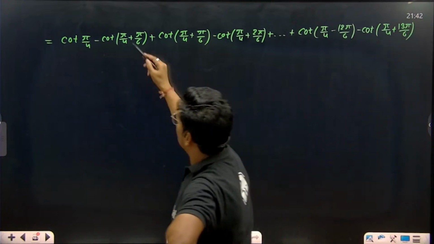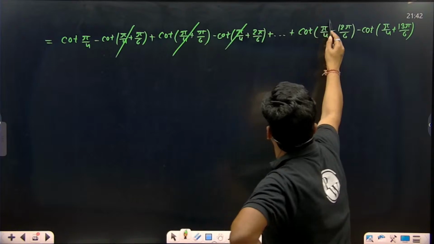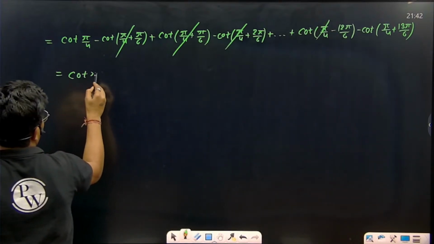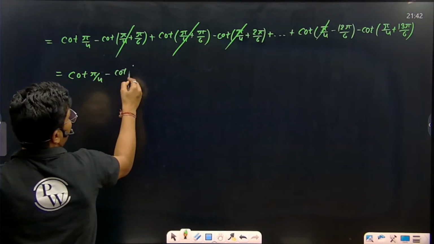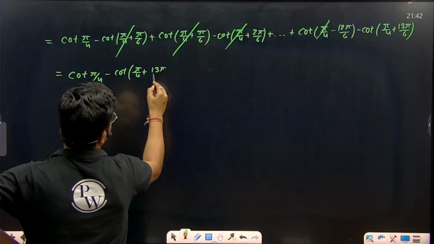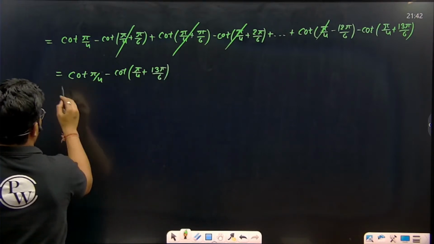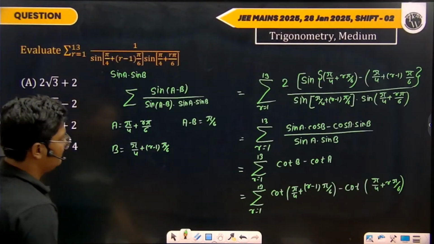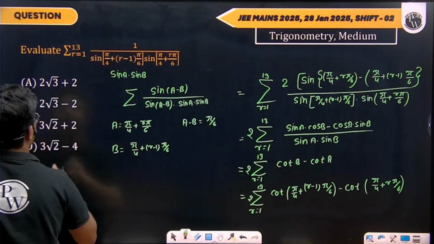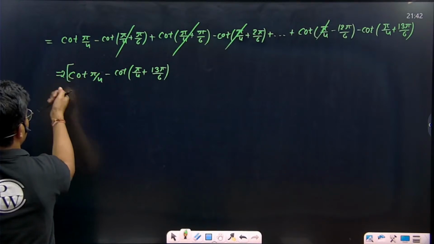And if I see, these values will cancel out, and we will be remaining with the value of cot pi by 4 and cot of pi by 4 plus 13 pi by 6. So sorry, there will be 2 as well before the sigma. Here we will get 2 in multiplication.